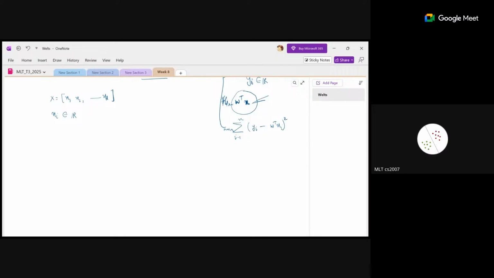W transpose X and X transpose W will give the same value?